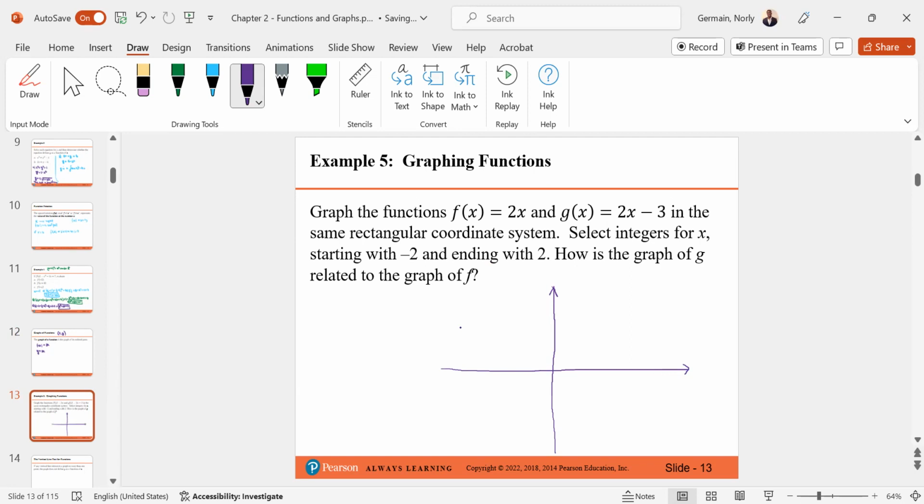That's it. Remember, the axes intersect at the origin. If you go to the right, that would be all positive. If you go to the left, it will be all negative on the x-axis.